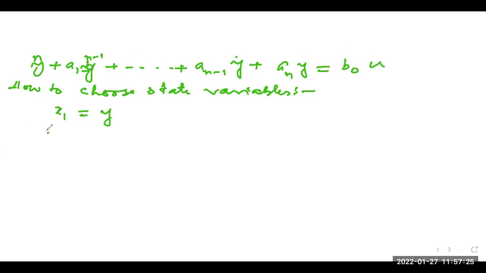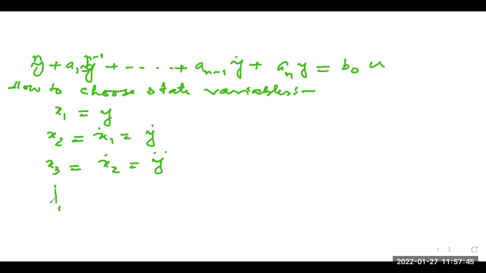Now x2 is another state variable which is taken as x1 dot, so this will obviously be y dot. Then x3 is another state variable which is chosen as x2 dot, so obviously this will be equal to y double dot. And this way it will proceed.